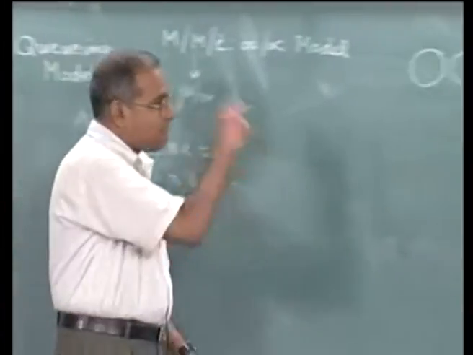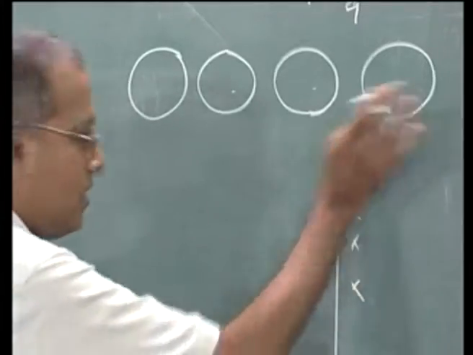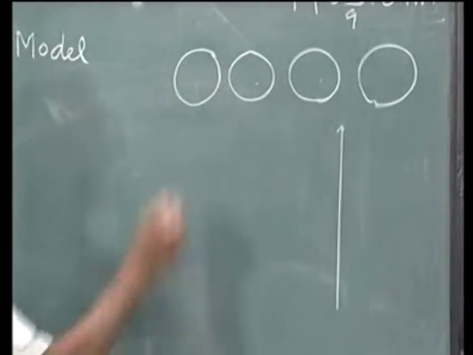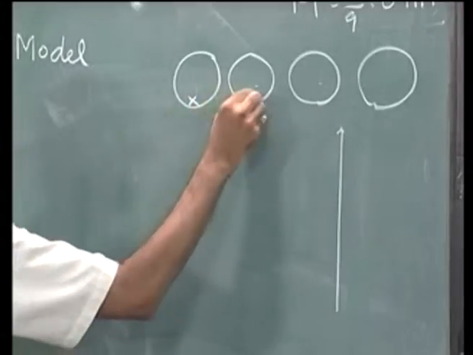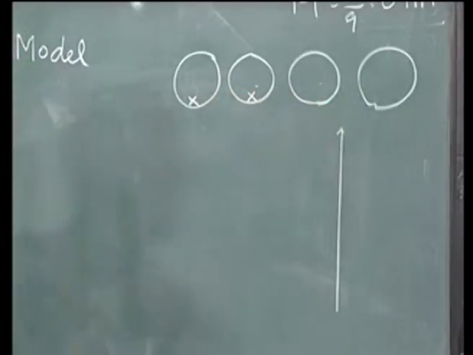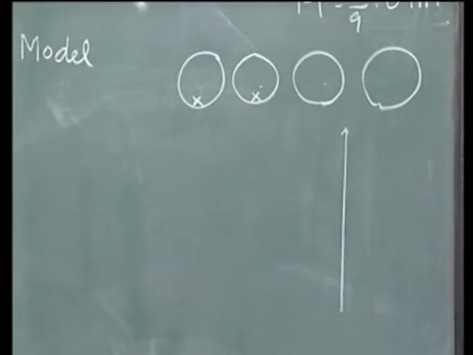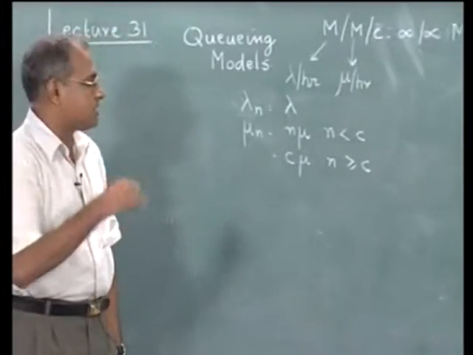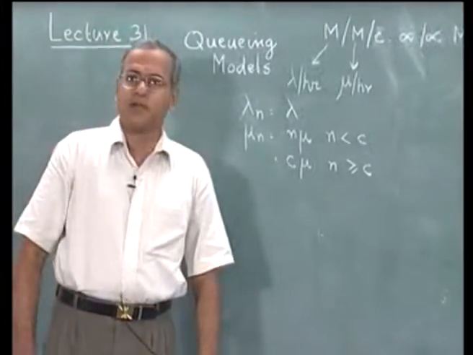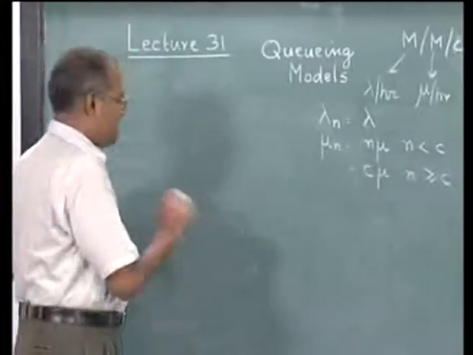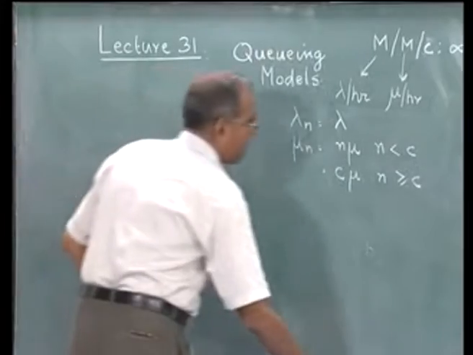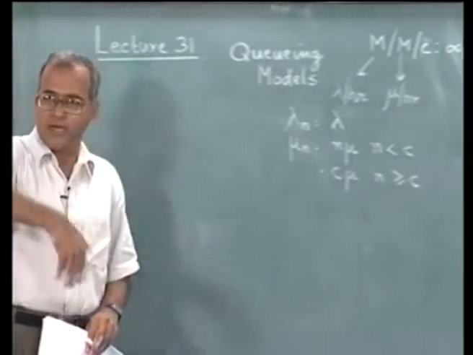Now, the effective service rate, if we have only 2 people in the system: there is a person here, there is a person here, and the other 2 servers are idle. So, the effective service rate is only 2 mu. So, it is equal to n mu if n is less than c, and it is equal to c mu when n is greater than or equal to c. With this, we also observe that in this model, every person who comes will join the line.